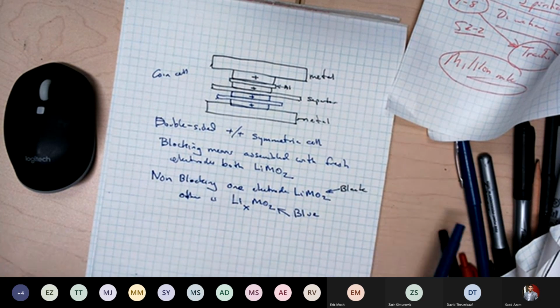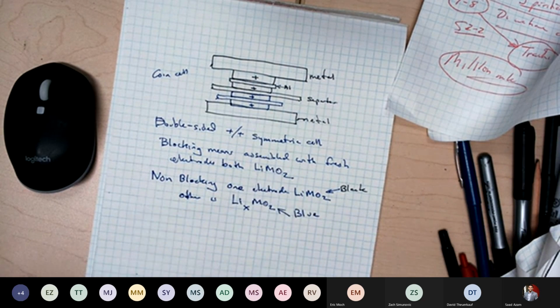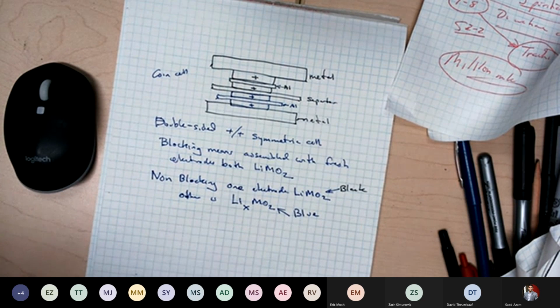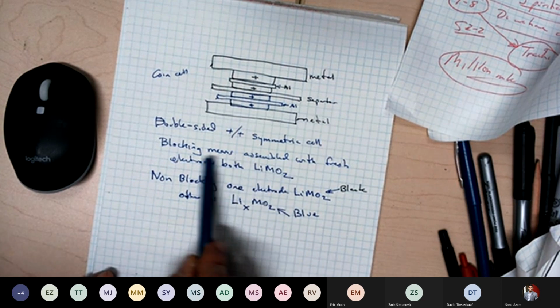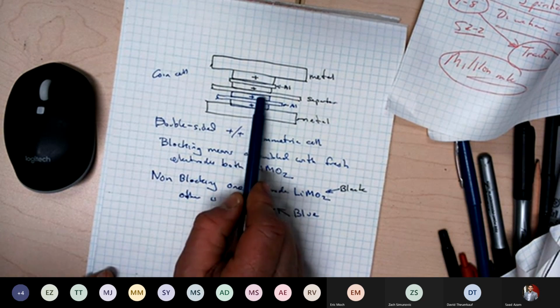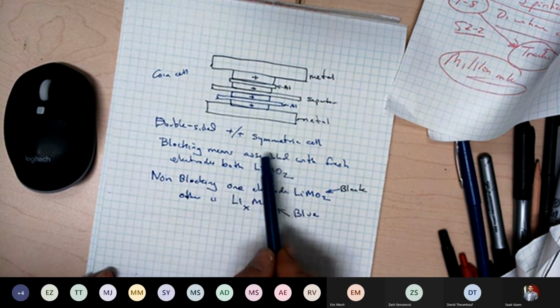So what's the difference between these two cells? The difference is, in the case where both electrodes are LiMO2, if you try to transfer lithium through the electrolyte, through the separator from one electrode to the other, you can't.